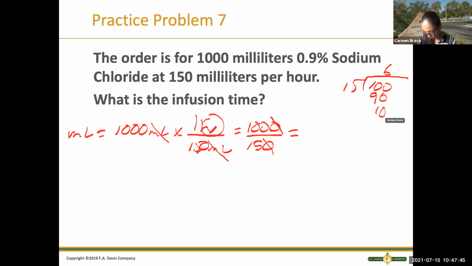And then I'm going to pull a decimal here. So it's going to be 0. Is that an 8? No, it's another 6. So I got 6.6. It seems it's going to keep on going like that, 6.6. So I know for sure 6 hours.